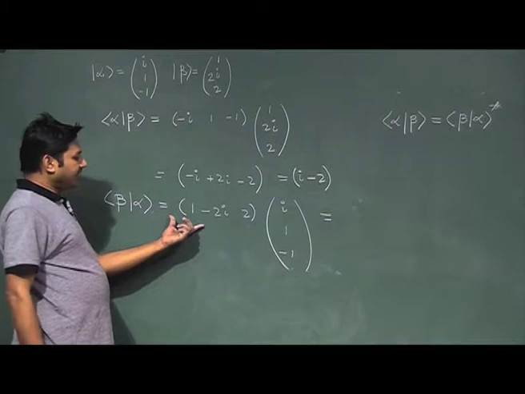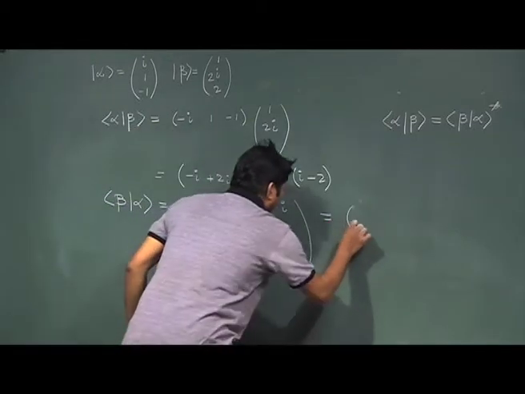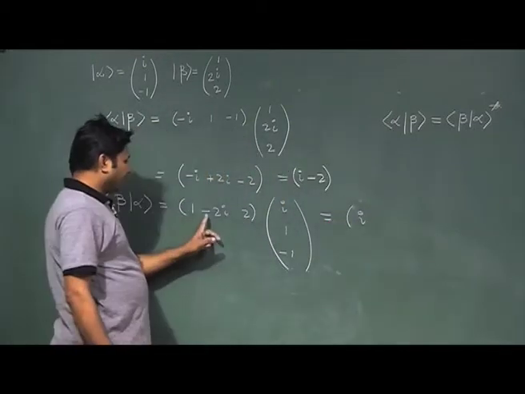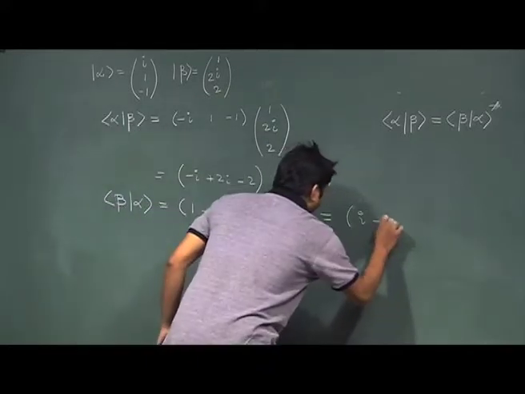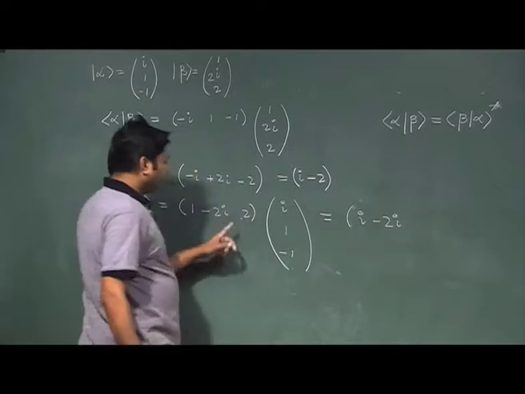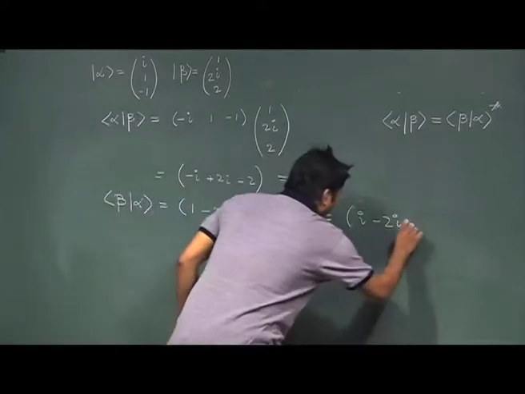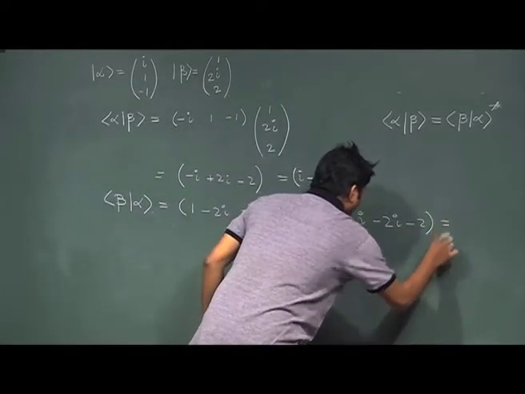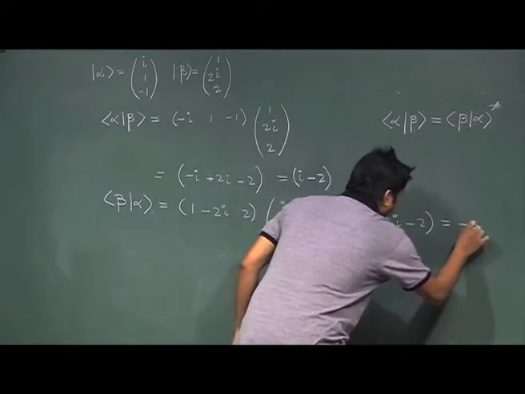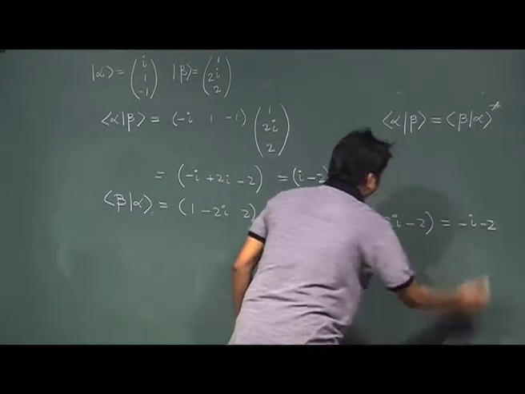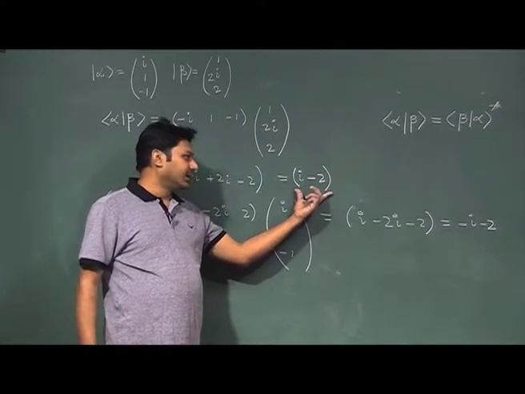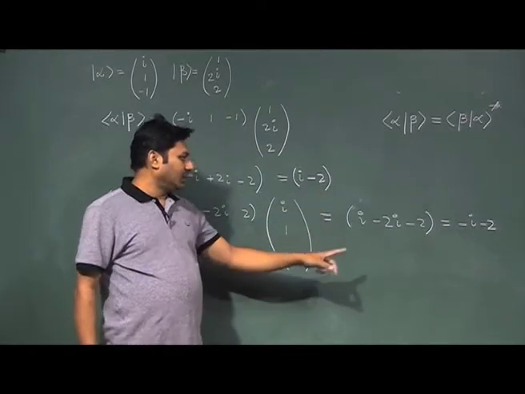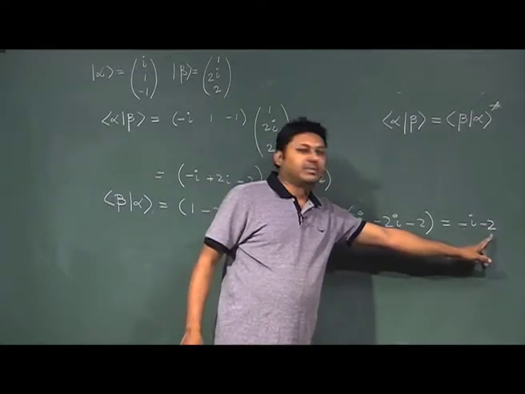Again meticulously, if I calculate, then the first term is i, second term minus 2i into 1, which is minus 2i, and third term 2 this. So, minus 2, which is minus i minus 2. Now, you can see the difference, that initially it is i minus 2, now it is a minus i minus 2.